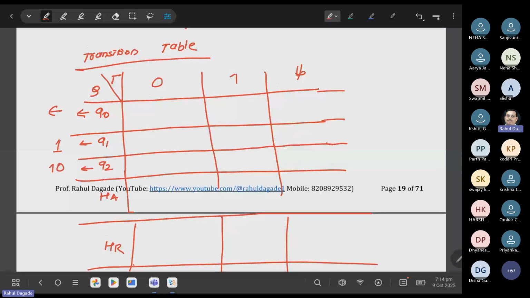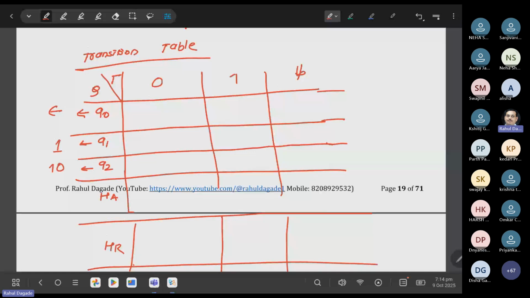So Q0, when it gets 0, remains in the same state because it hasn't got 1, just moving the pointer to the right. If it gets 1, then it goes to Q1 state and moves the pointer to the right. And in Q0 state, that is after null, if I get a blank, then it goes to HR state, that is reject state, no movement of the pointer.